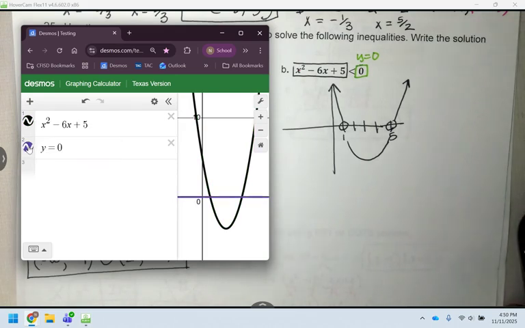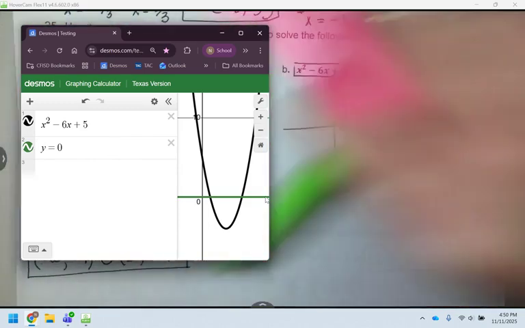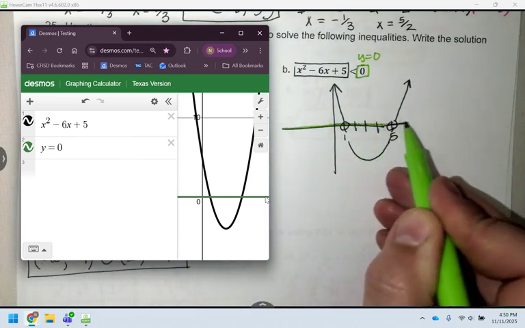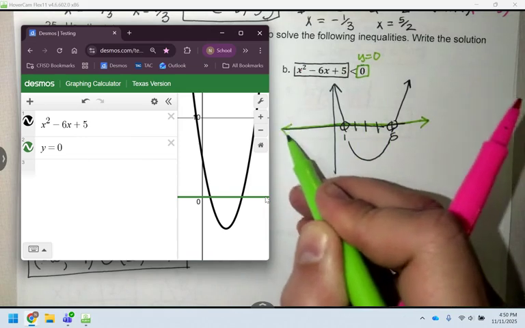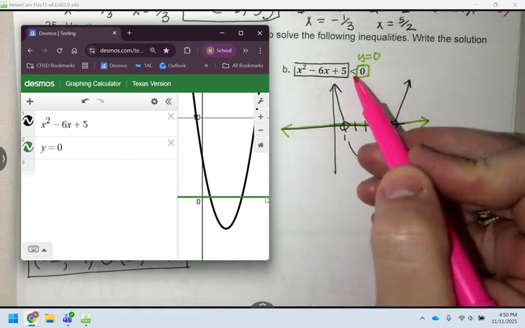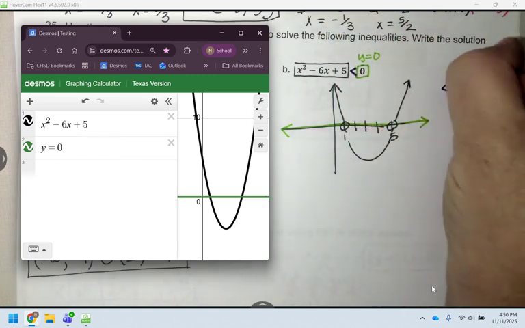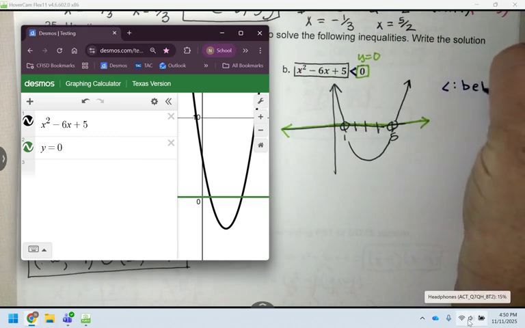We're going to do the horizontal line in green. Again, it's the x-axis. Here we go. Oops. Right here. Less than. Less than means below.